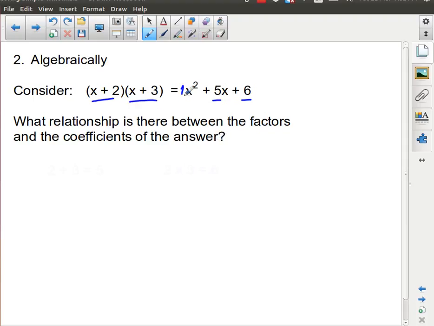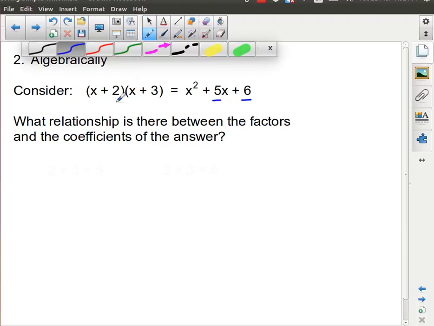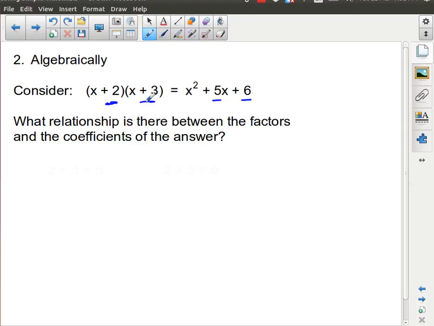For these, what we call simple trinomials, this is 1x and this is 1x, so 1x times 1x gives me 1x squared. We don't actually consider that. It's not to say that it's not important, it's just not relevant to the discussion we're having right now. So let's focus strictly on +2 and +3. How do they relate?